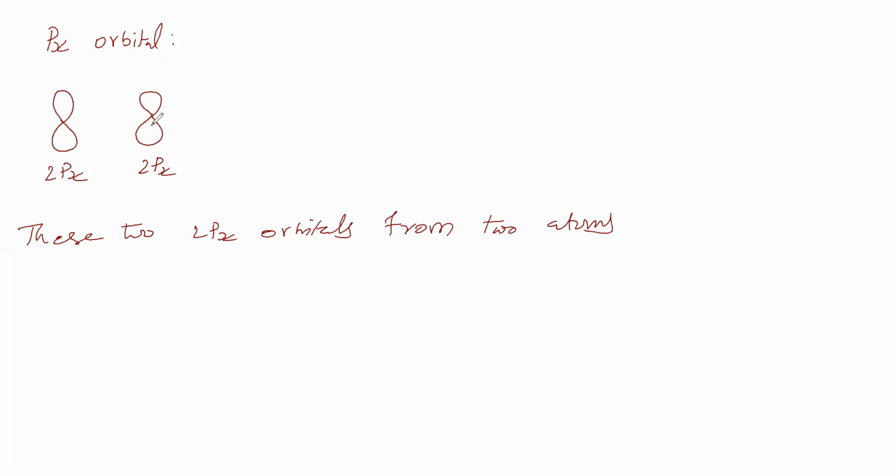Another atom means it may be the same or different, whatever. So these two 2px orbitals from two atoms are perpendicular to the internuclear axis, that means the z axis.